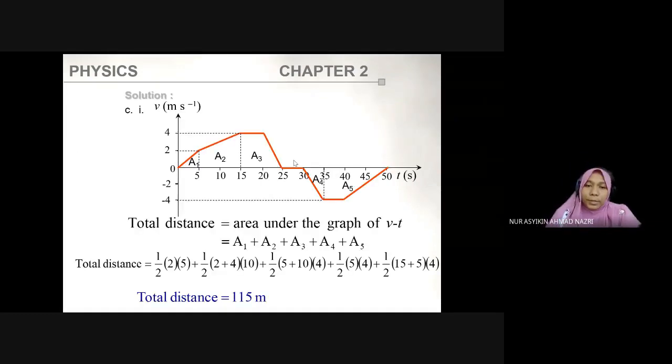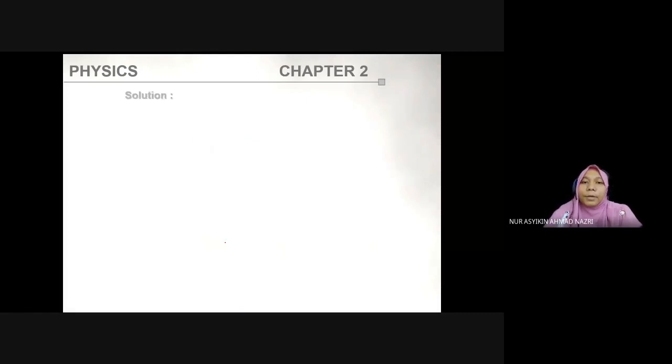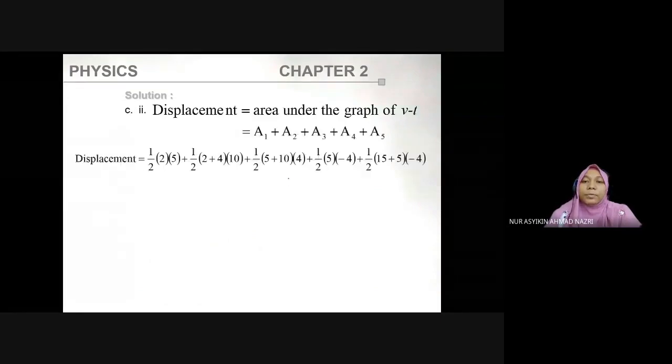Okay, so bila distance, again, we are considering ke mana sahaja dia pergi, dia turun naik ke, kita consider. But the displacement, we are considering juga the negative tu, tapi kita akan consider dia tolak lah. Dia tolak kepada that displacement because we are considering the direction.